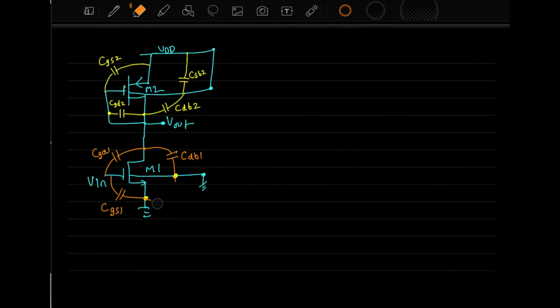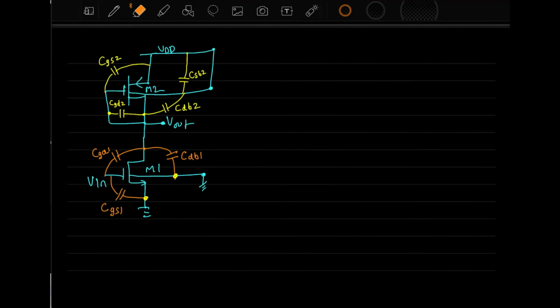There is no point in keeping it. Can you find any other capacitance which is 0? CSB2. Why is it 0? It is connected to VDD.